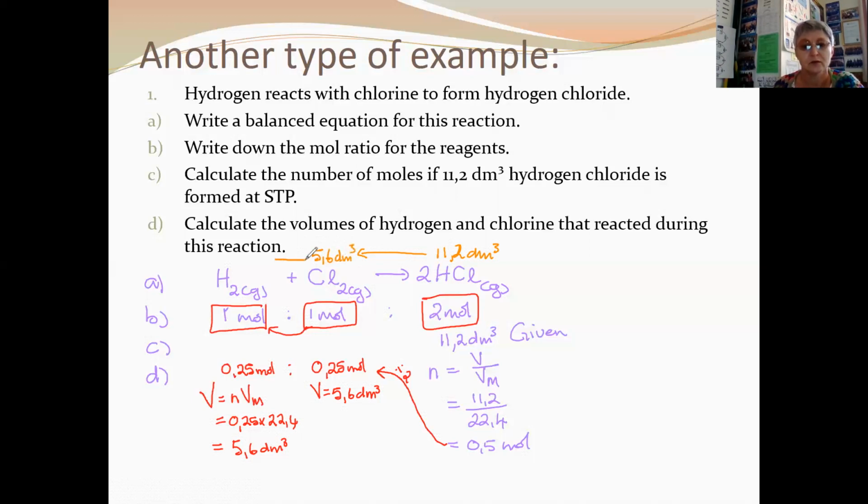And the volume of hydrogen would be exactly the same because the mole ratio is 1:1 for hydrogen to chlorine. So it's 5.6 cubic decimeters. Right, I'm moving on to the next example.